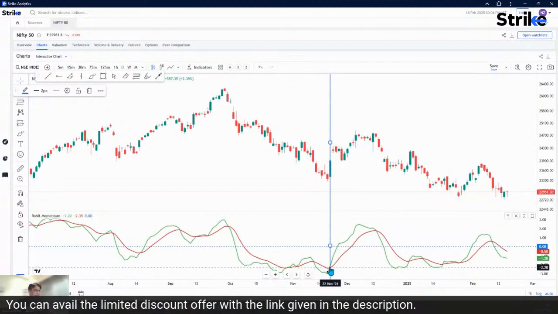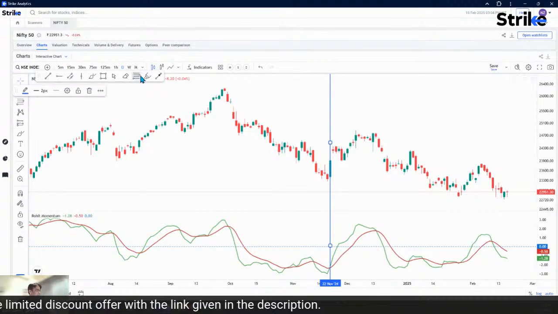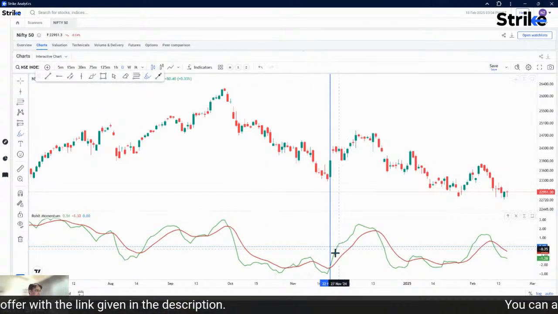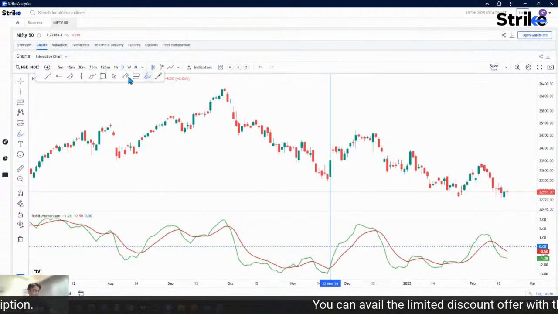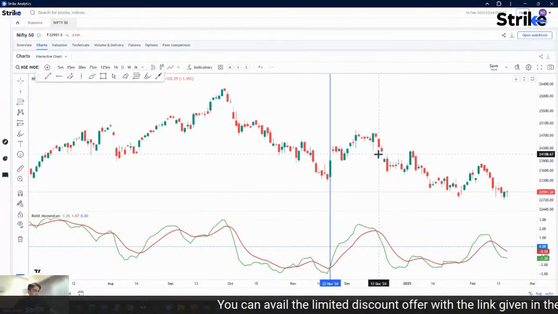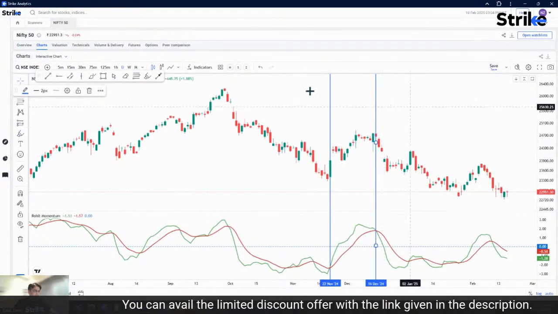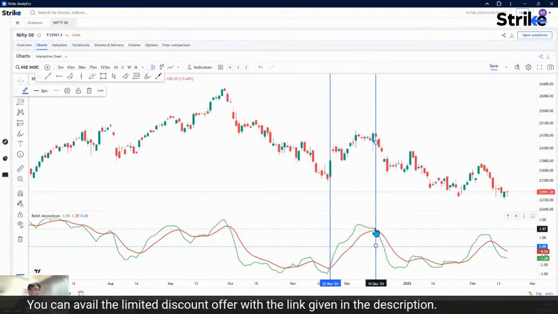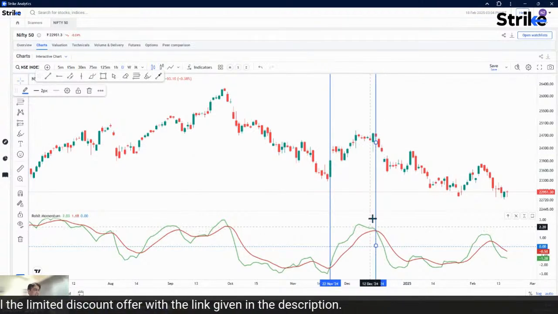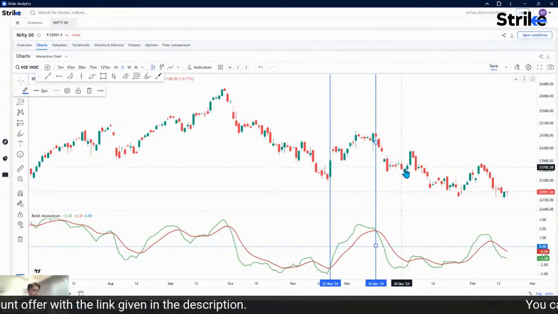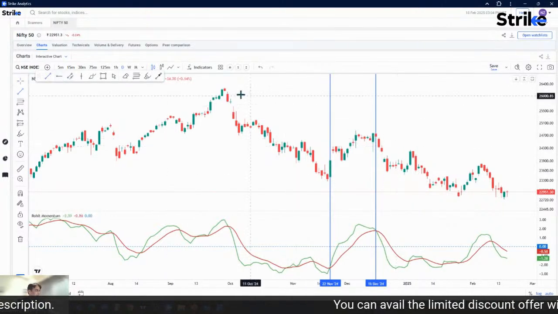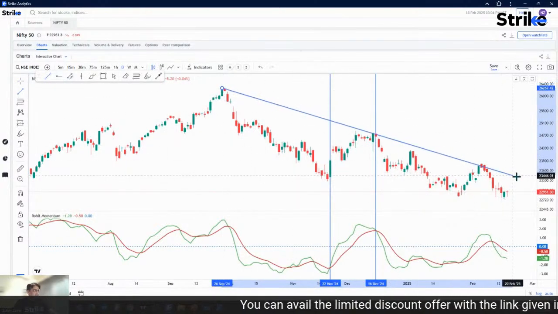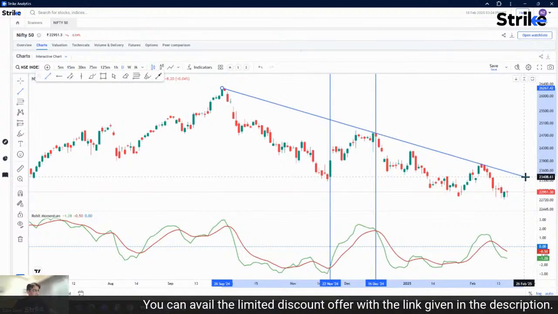From here, after the new buy, you can see that the prices went up a little bit, and somewhere over here, the Nifty gave up the gains and gave a new sell. After that prices kept on going down. Now you can see that the trend of this particular Nifty is in a downtrend only.